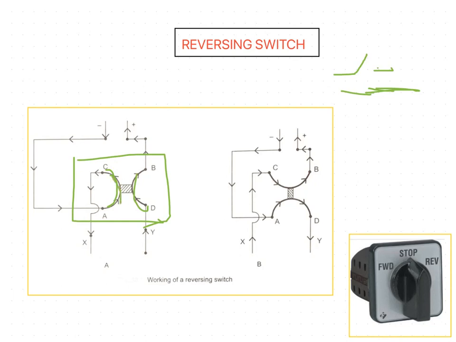The convex surfaces of these semicircular metal strips face each other, but the 2 strips are separated by an insulating material.